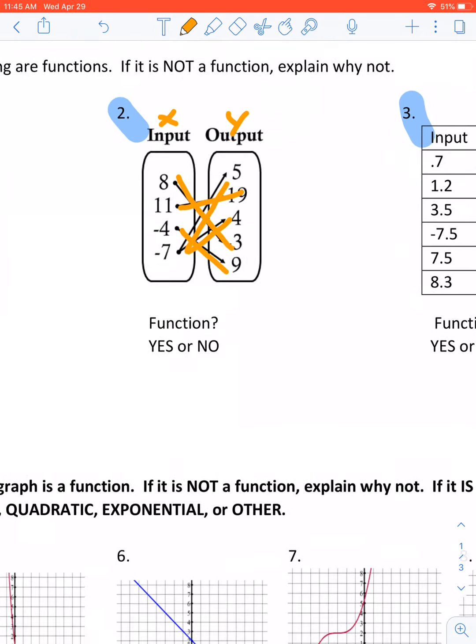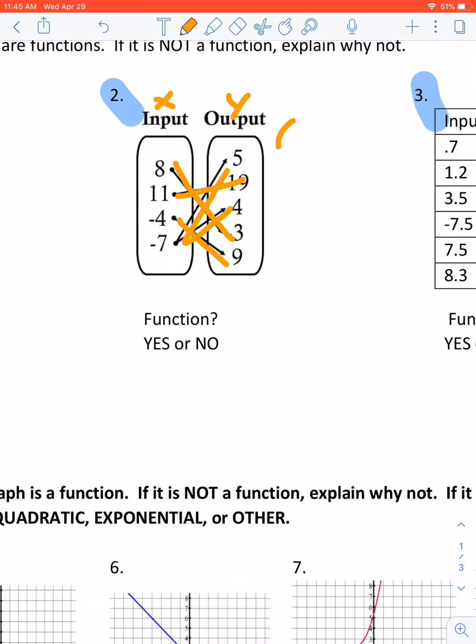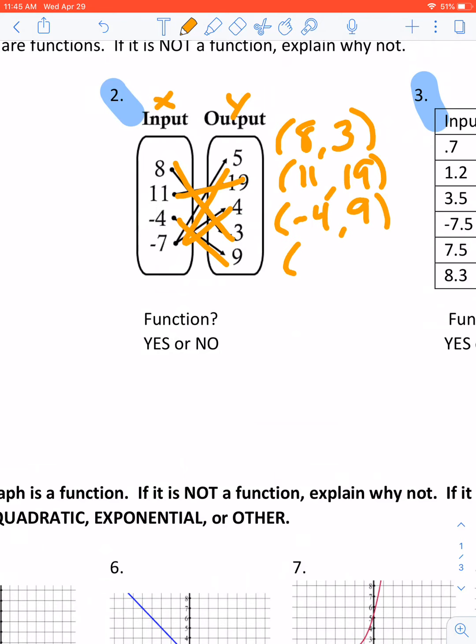So if I was going to write that out, it would be 8 and 3, 11 and 19, negative 4, 9, so far so good. Negative 7, 5, and negative 7, 4. So does every x value have one y value?